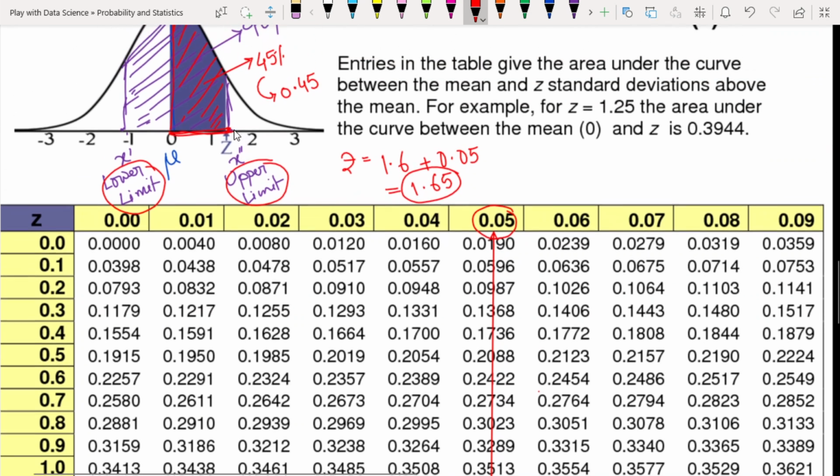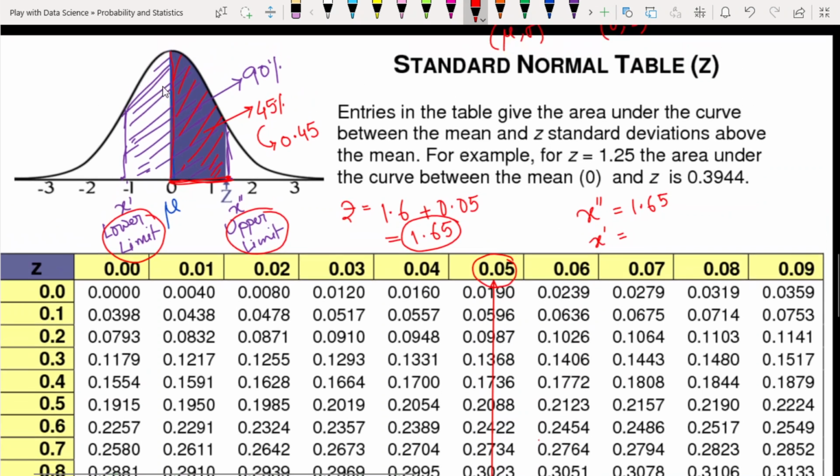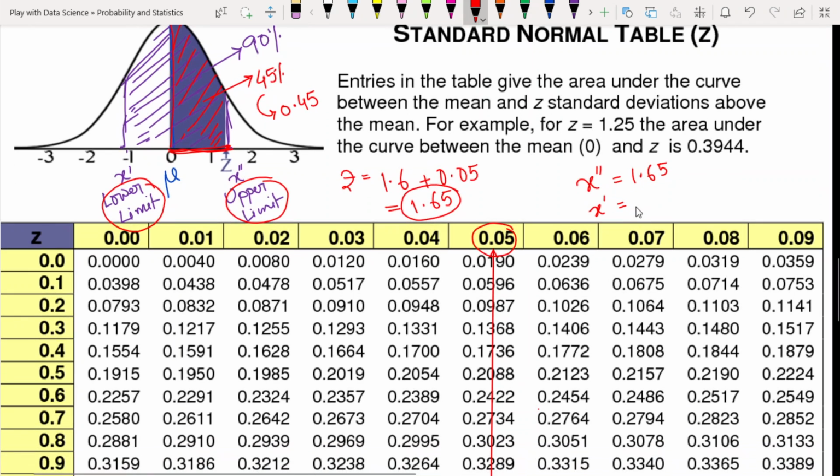This is the z value. So if we find this z, then we find the 90% interval. The z value is 1.65, and because this is a symmetric graph, the other side will be minus 1.65.